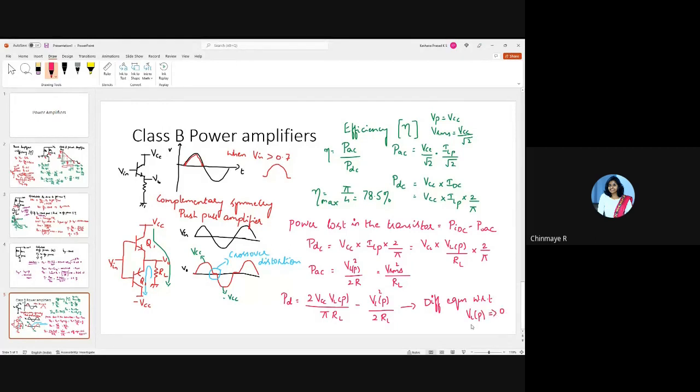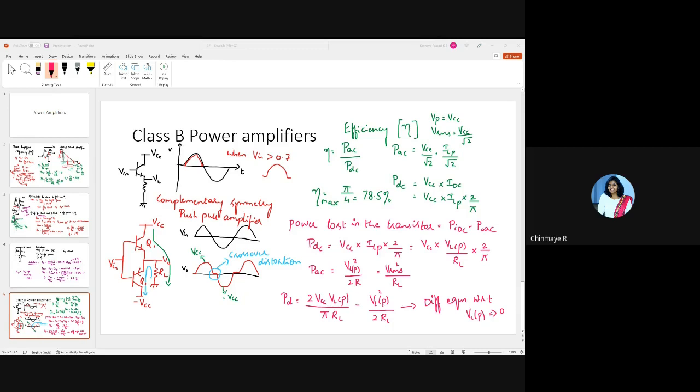And then find out what is the value of VL of P. So that is going to give you the value of VL of P at which the power dissipated by the transistors is maximum. Can you do that? Please solve for it. 2 VCC by pi. Right. So VL of P will be equal to 2 VCC by pi.